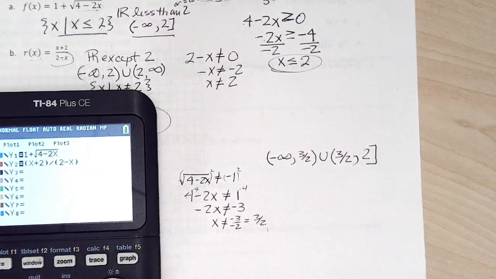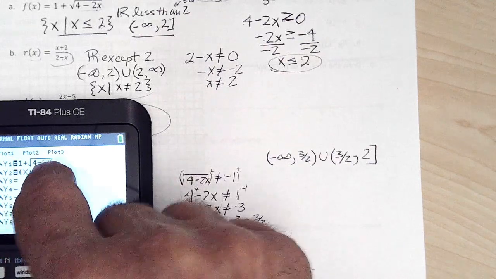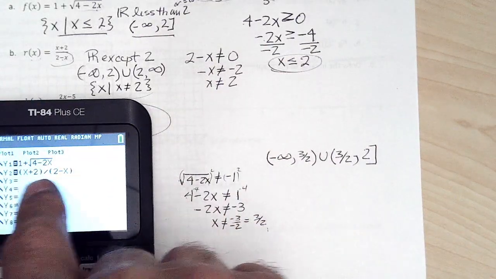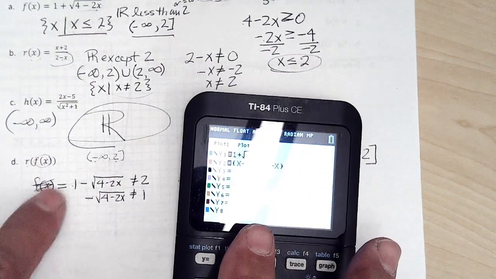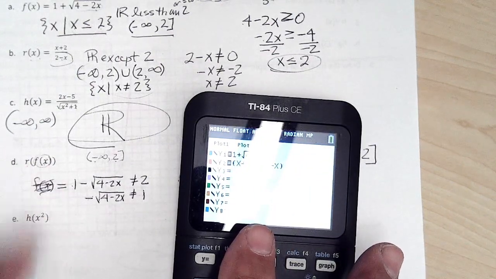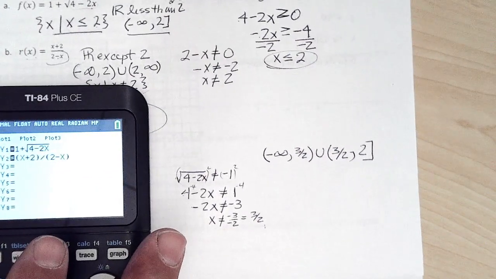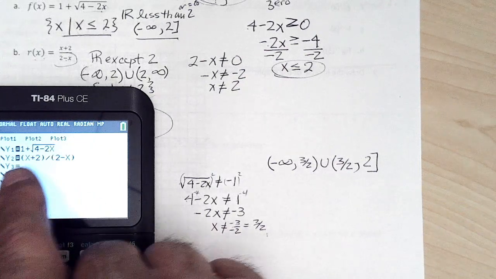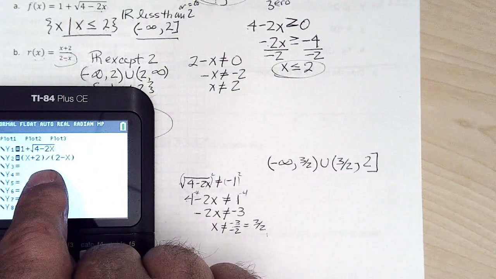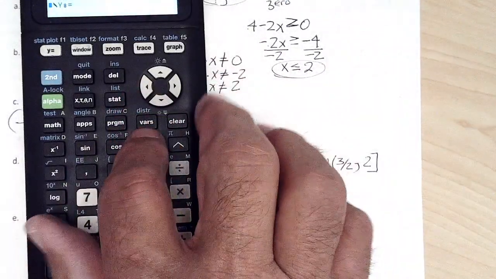And what we're looking for is y1 put in place of the x's in y2. F of x in place of the x's in y2. So I want to do just what it says. And the calculator knows function notation. I want to do, and this is found under vars.